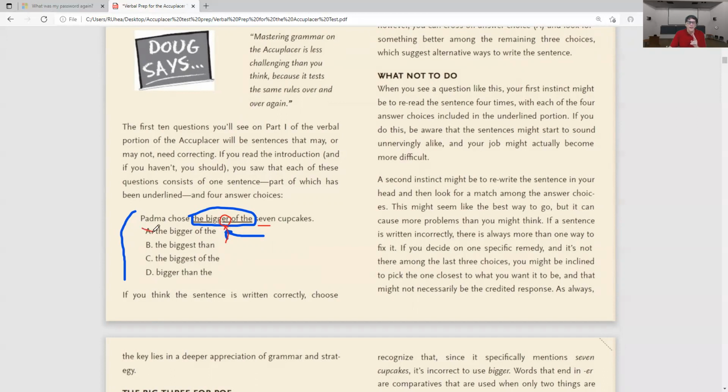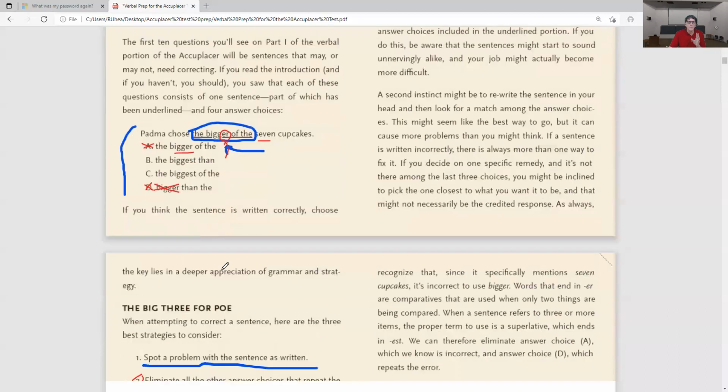So we know A is out because it has the word bigger, the same as in the original sentence. B has biggest, so we can't rule that one out. C has biggest, so I'm not going to rule that out yet. D has bigger also. I can rule that out because we know the ER ending, bigger, means it's an incorrect answer. Now we have B and C.